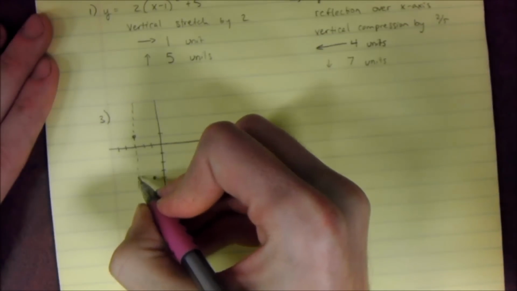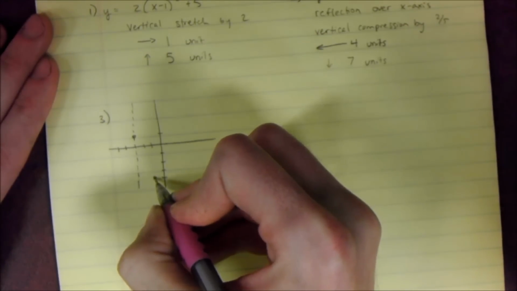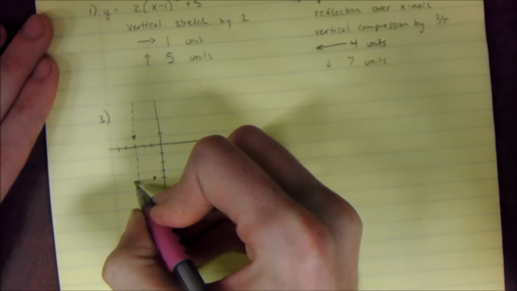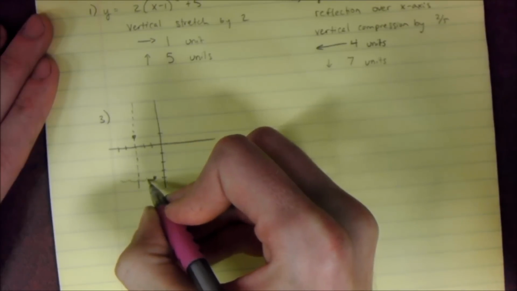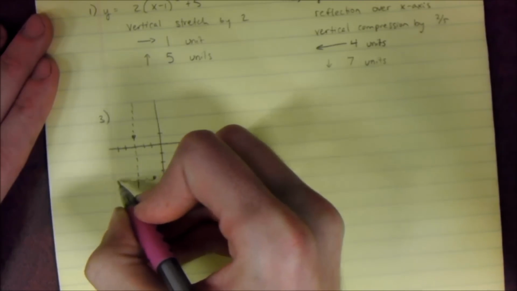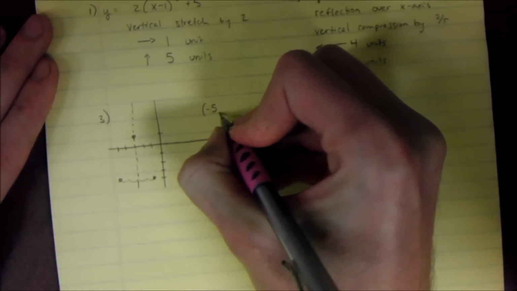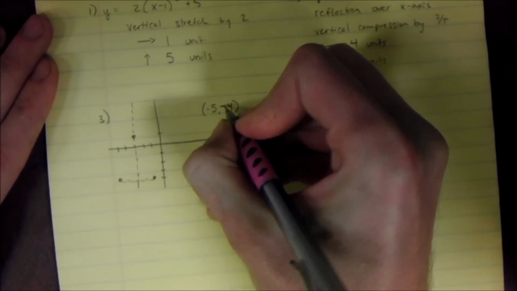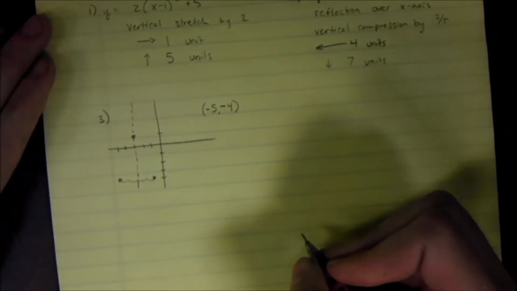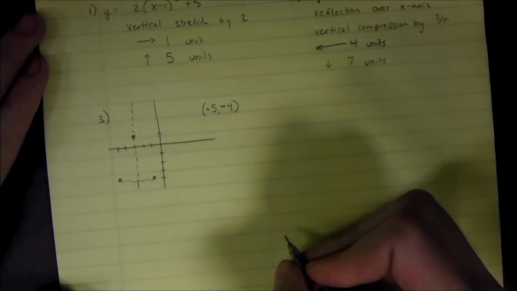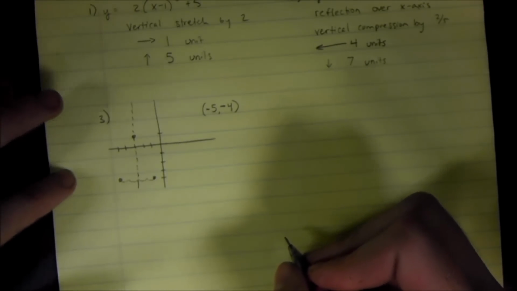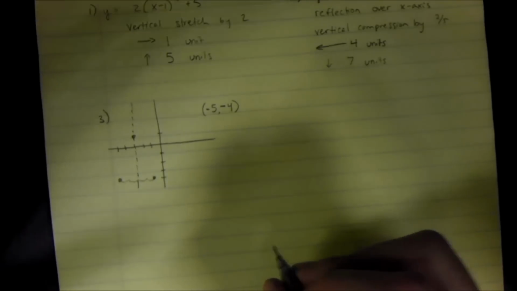If I know where my axis of symmetry is, I can reflect across it and find more points on the graph. So if I go over 2 units to the axis and then I go over 2 more units, I'm going to have a point on the graph at (-5, 4). You have enough information there to solve and find the formula if you would like to find another point, but why waste the time?